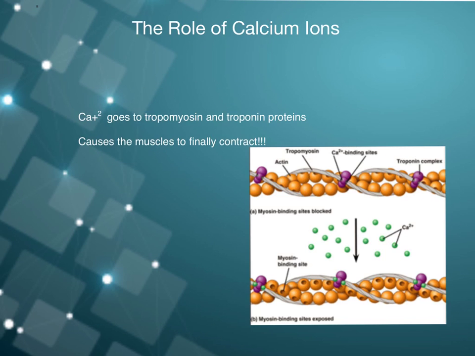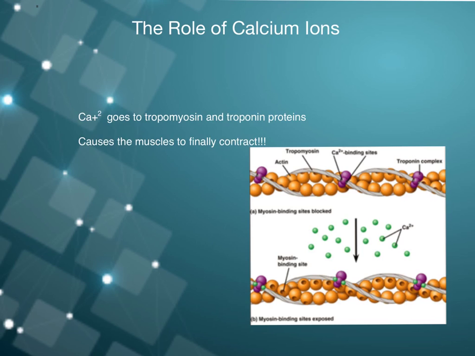Finally, the calcium ions then travel to two other proteins called the tropomyosin and troponin complex. Tropomyosin covers the myosin binding sites, not allowing actin and myosin to do their work. However, when the calcium arrives, it combines with the troponin, making the tropomyosin shift to allow myosin and actin to go to their binding sites.